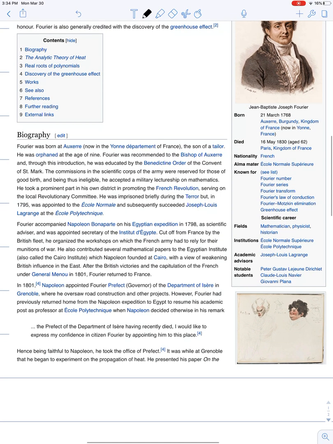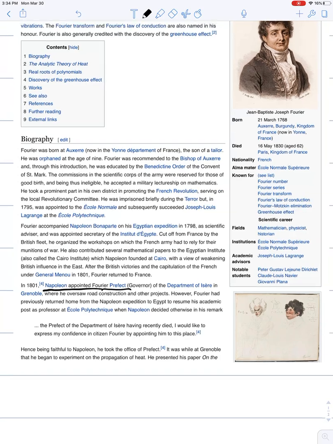So he was appointed by Napoleon as a governor of Grenoble, and then there's the Joseph Fourier Institute in Grenoble under his name.